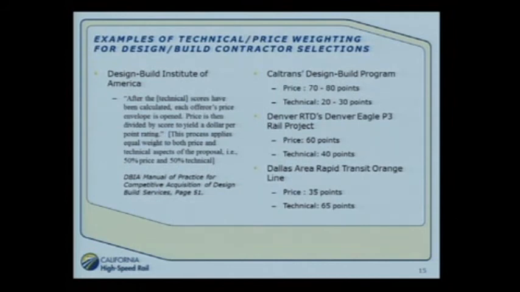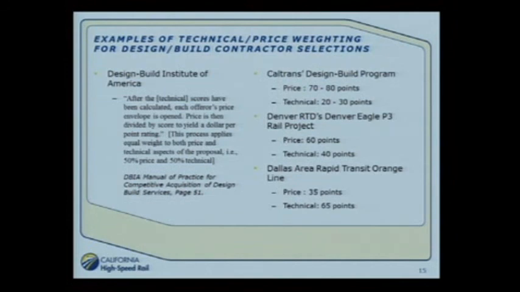This is a Caltrans Design-Build program where for their largest design-build project, which is the Gerald Desmond Bridge, they had this scoring plan, which was 70 to 80% price and 20 to 30% technical. And that project was about $700 million.